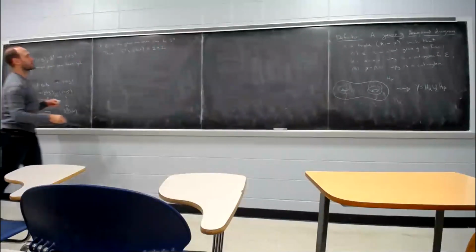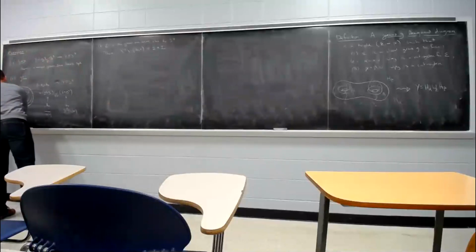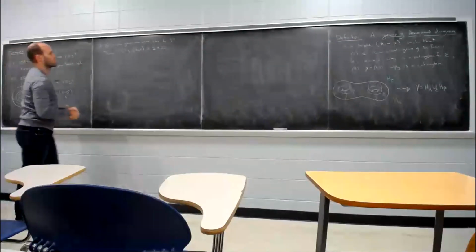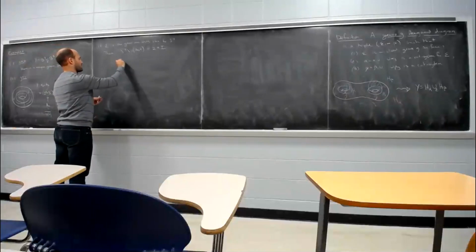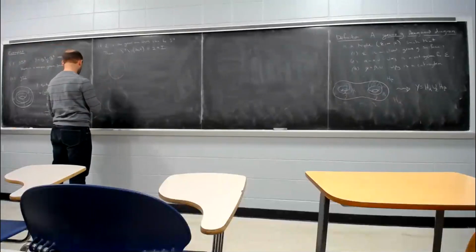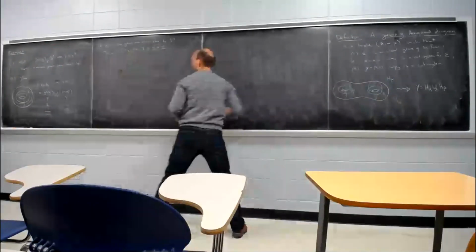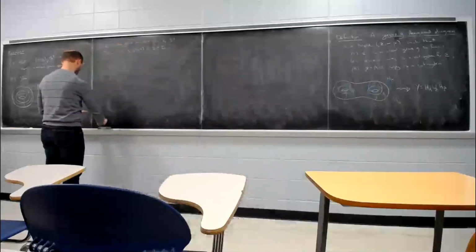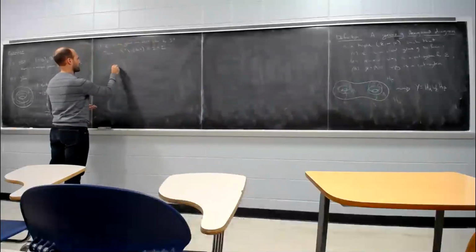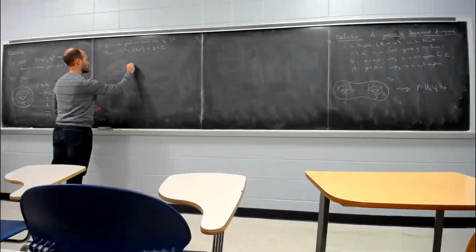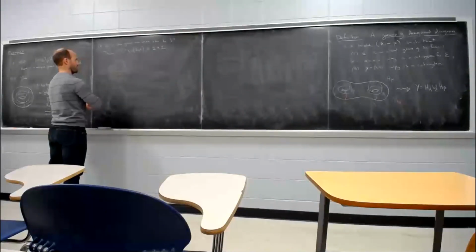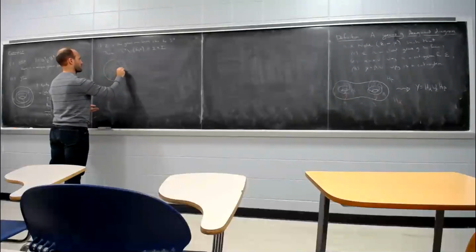So let's think about that. What I'm picturing here is, I should draw it. We have one component of the Hopf link which we thicken. And then we have another component of the Hopf link, which we thicken.